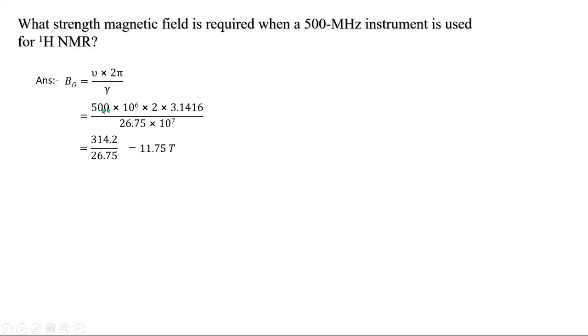So 500 into 10 to the power 6, the instrument frequency of 500 megahertz, into 2 pi, divided by gamma, the gyromagnetic ratio 26.75 into 10 to the power 7 for 1H NMR. If you calculate this, you will get 11.75 Tesla.